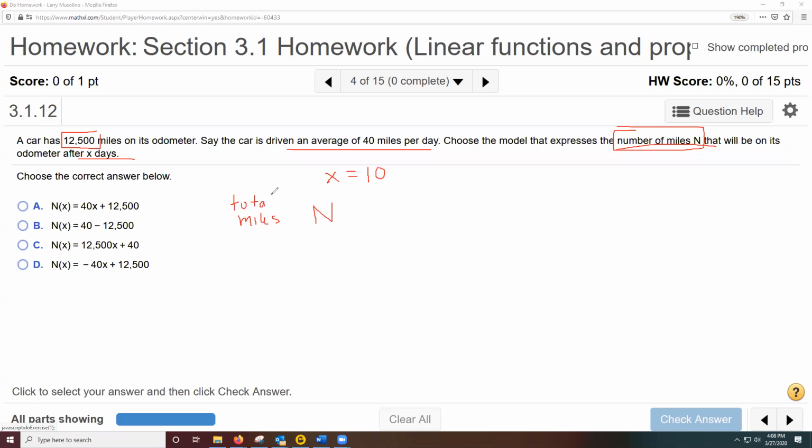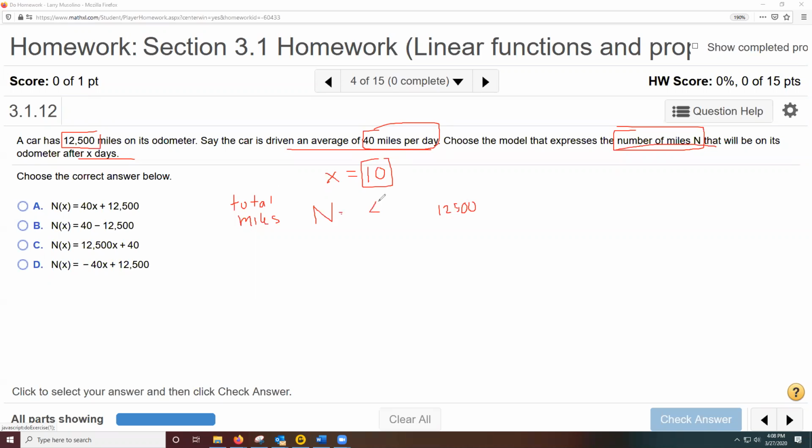Well, I know that I'm starting out with 12,500 to begin with. I can think of that as the mileage on day one when I got the car. But I'm going to be adding miles. Every day, I'm going to add 40 miles per day. And I'm going to be driving for, let's say, 10 days.